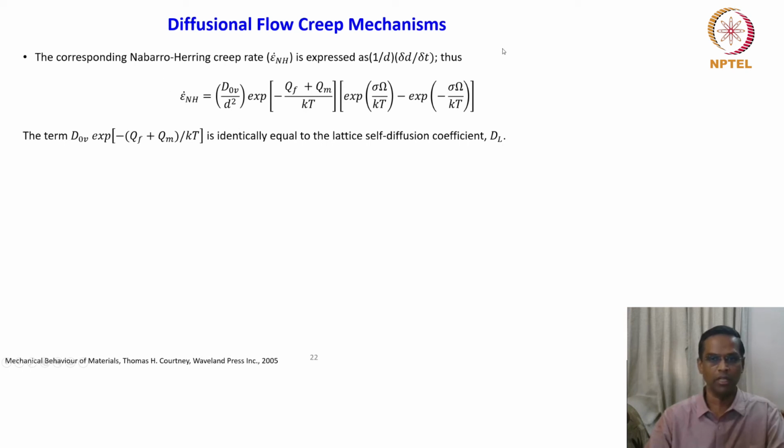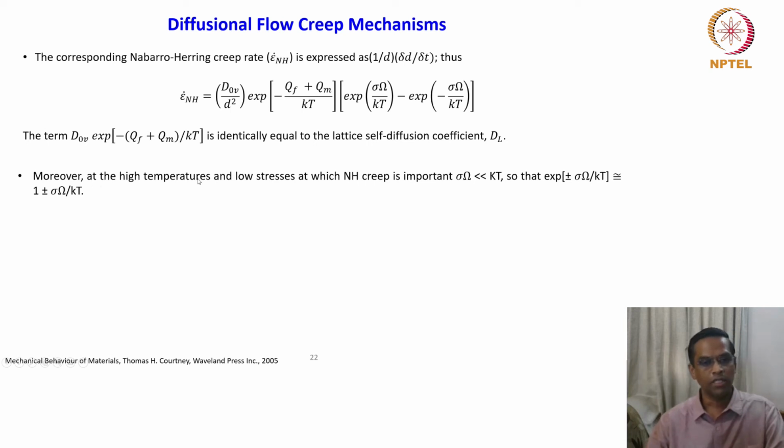So it's the same equation. This is the Nabarro-Herring creep rate. The term D_0V exp(-(Q_F+Q_m)/kT) is identically equal to the lattice self-diffusion coefficient D_L. So this can just be replaced by this.